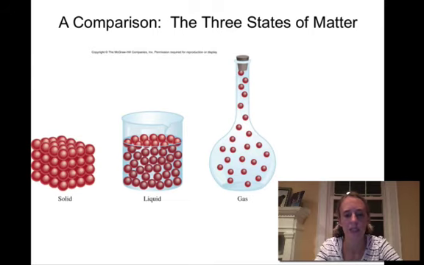In a liquid, they're also tightly packed, but they're able to slip past each other, and that's what gives rise to the fluidity of liquids. And in a gas, they're much less dense. They're very much spread out, and they take up much more space than the same compound or element in a liquid or solid state.